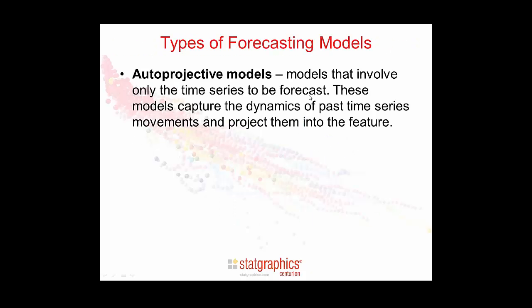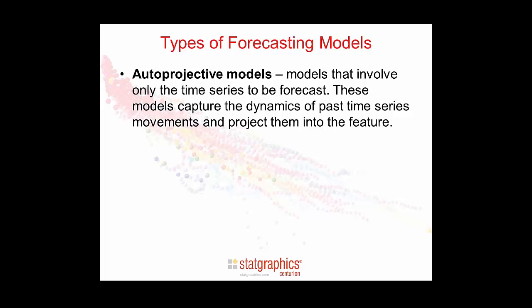Okay. Now, in this webinar, I'm going to be talking about two basic types of models. The first types of models are what we call auto-projective models. Auto-projective models take the time series that we want to forecast.